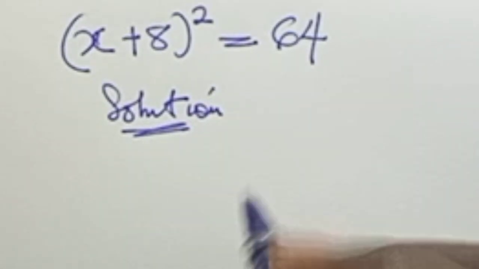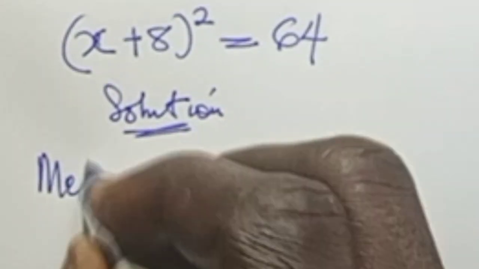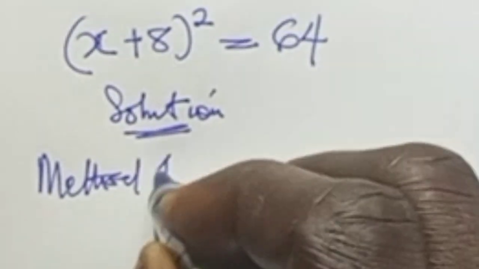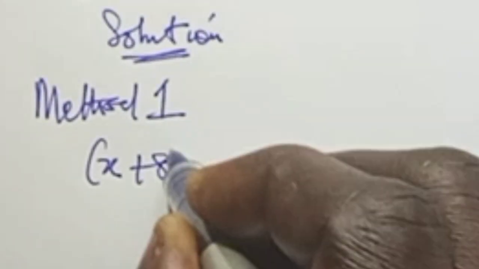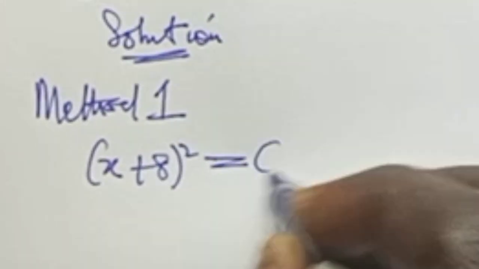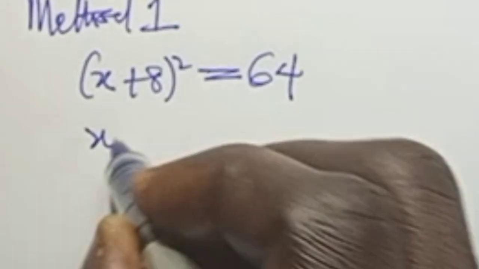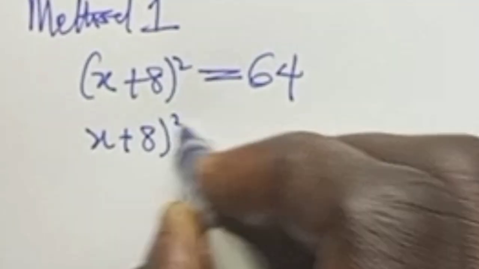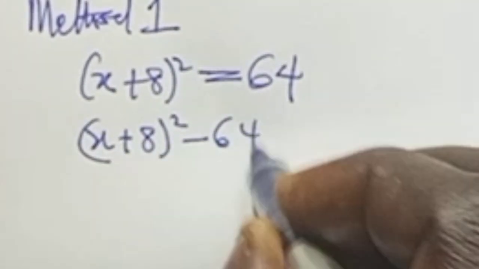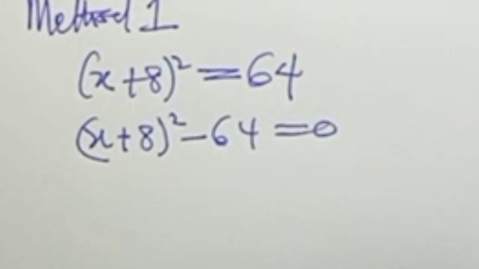Method 1. We have (x + 8)² = 64, but we can write (x + 8)² − 64 = 0, and it's fine.